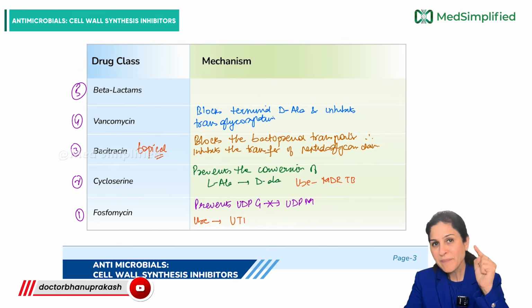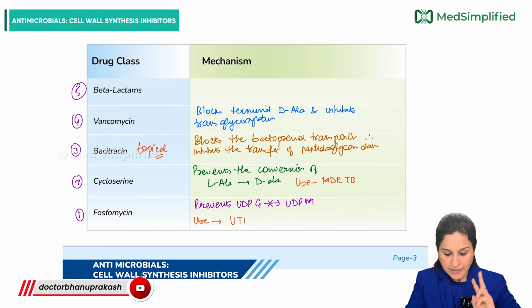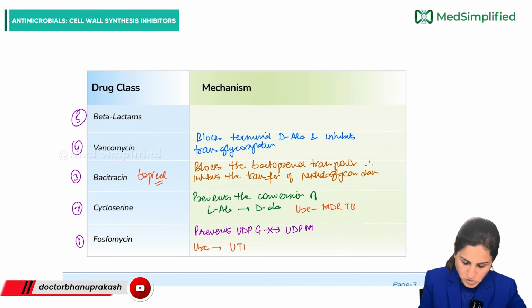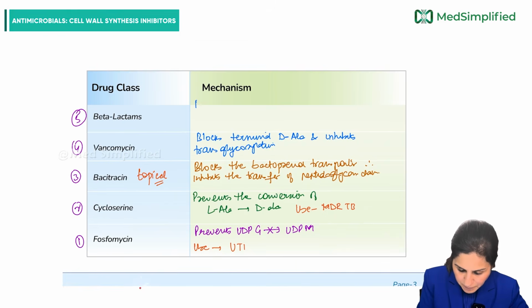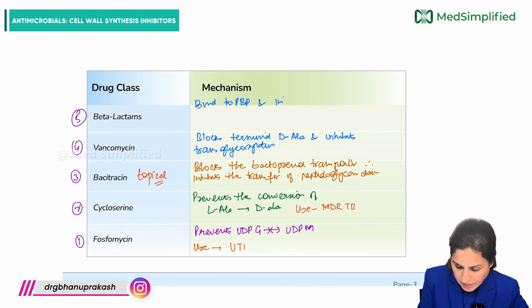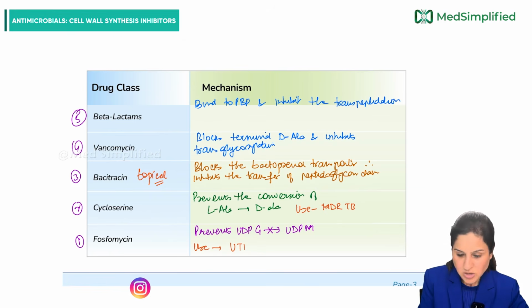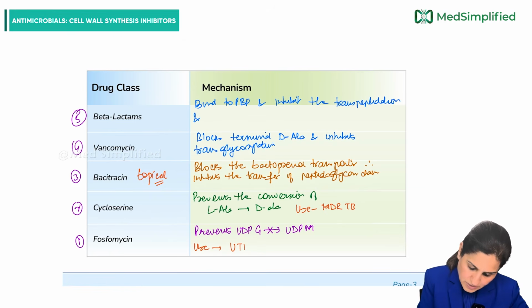So it is one step before the beta-lactams. Then the terminal step is beta-lactams. So beta-lactams bind to the penicillin-binding proteins and inhibit the transpeptidation. Remember, they inhibit the transpeptidation and cross-linking.